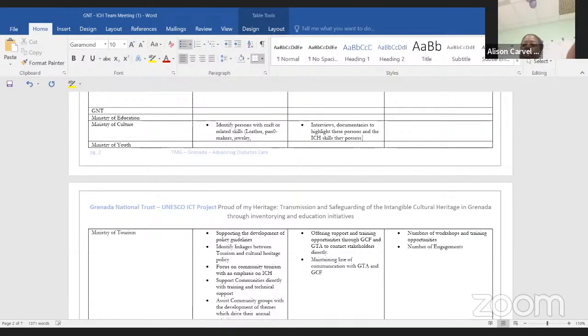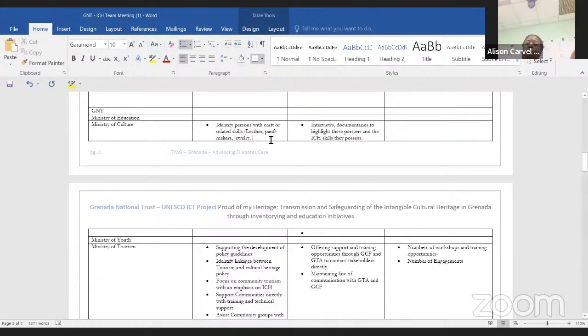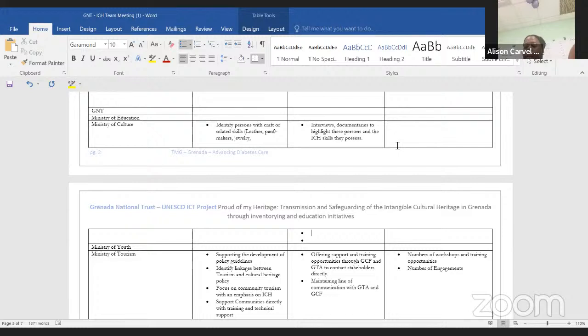If we look at the arts in terms of the division of culture, in 2020, we were not able to go to the schools as we normally do. So we started what we call a teaching aid, where we teach things like the drum corps, violin, calypso arts, and dance.